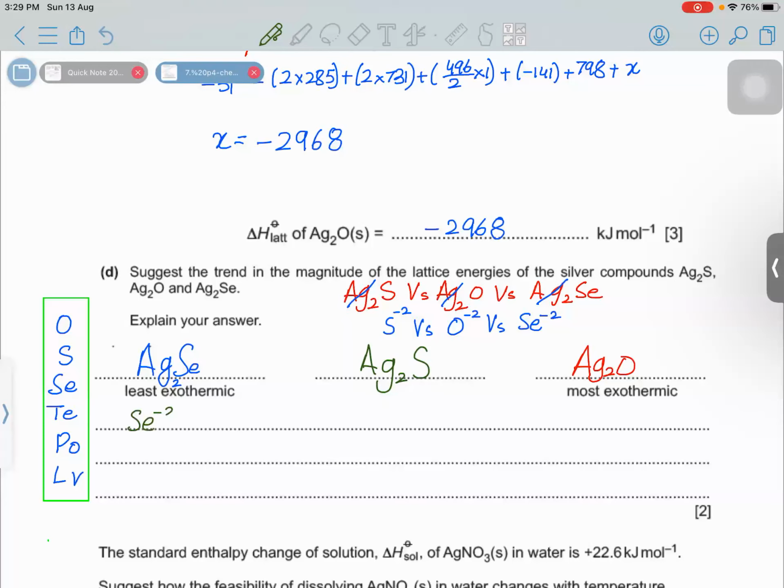Se minus 2 has the largest radius, oxygen minus 2 has the smallest radius.